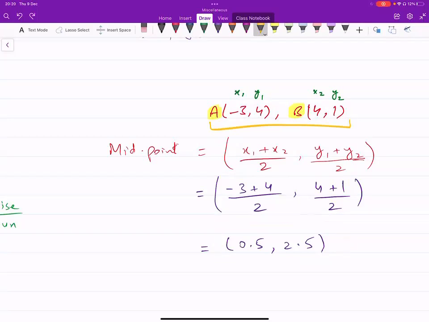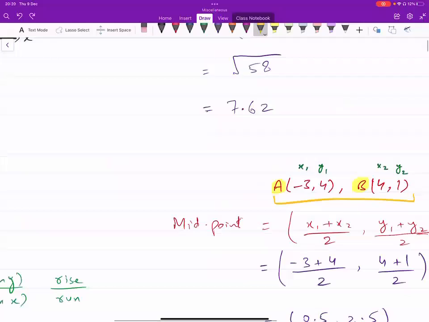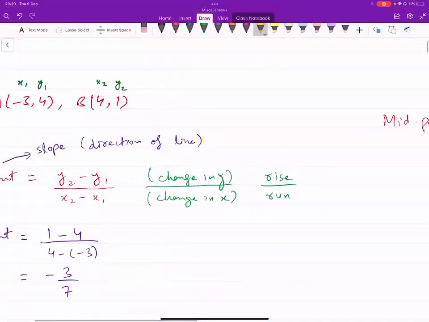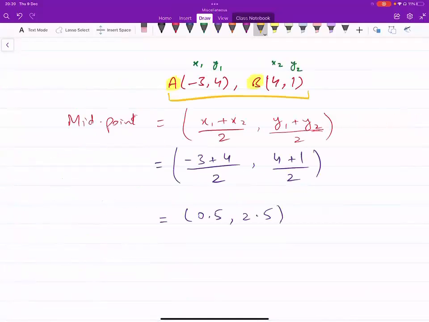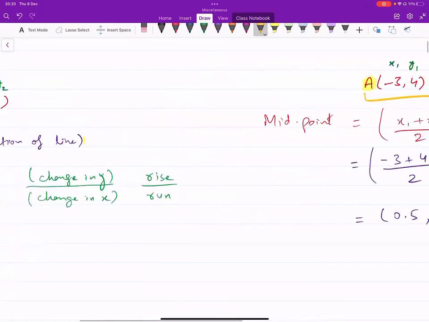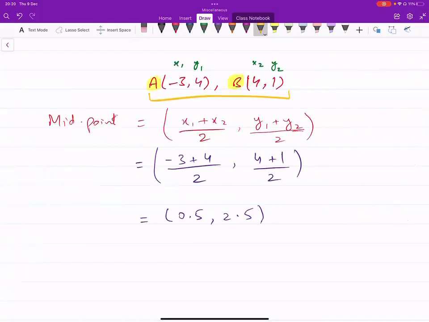This point will be the midpoint of the line joining A and B. So if you go back to this Cartesian plane, 0.5 and 2.5, that point is going to be somewhere here. This point is the midpoint of A and B. It's right in the middle of A and B. Okay, so midpoint का हमारे पास ये formula होता है x1 plus x2 over 2 and y1 plus y2 over 2.